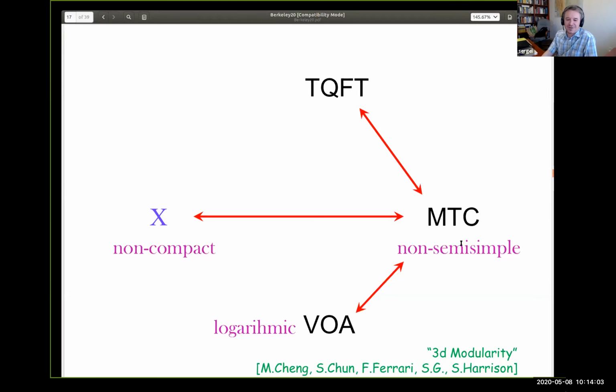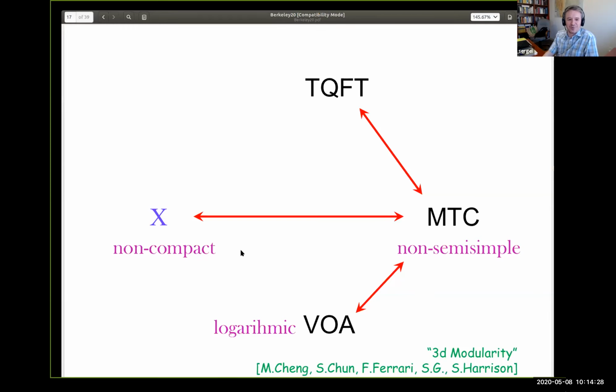Dropping some of the adjectives, for example, the previous slide showed you that working with the non-semi-simple version of MTC is also something of interest. It still has connections to TQFTs and logarithmic VOAs, which are much less studied, but much more interesting, and that's actually what we are after.